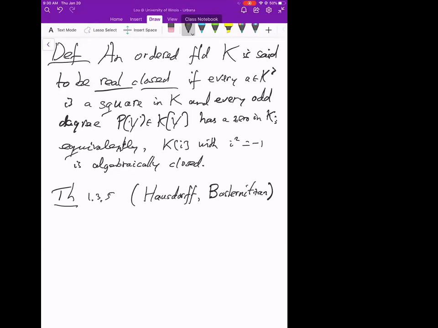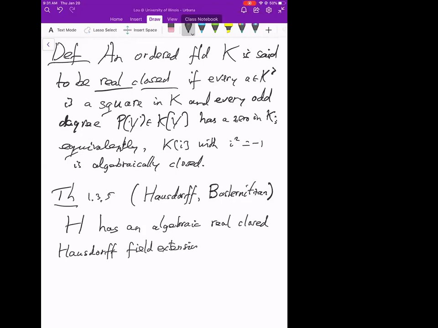Anyway, H, our Hausdorff field, has an algebraic real closed Hausdorff field extension, which I will write as HRC, standing for the real closure. And it's actually unique in a strong way.